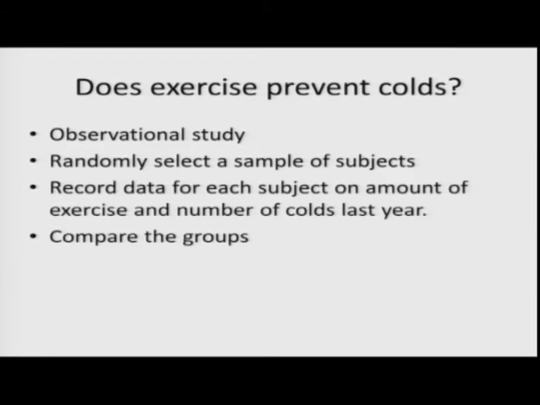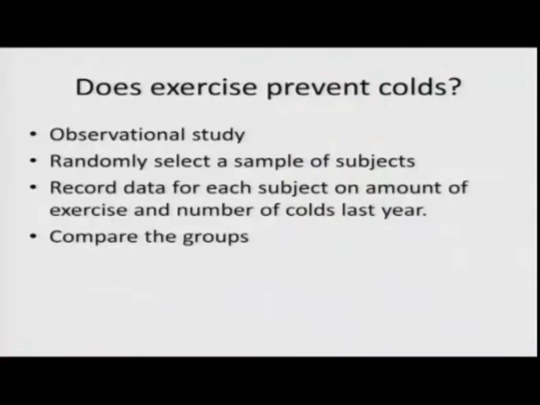For example, let us look at this. Your research question is, does exercise prevent colds? So, you have decided to follow the observational method. You are going to observe people exercising and then see if it prevents colds.